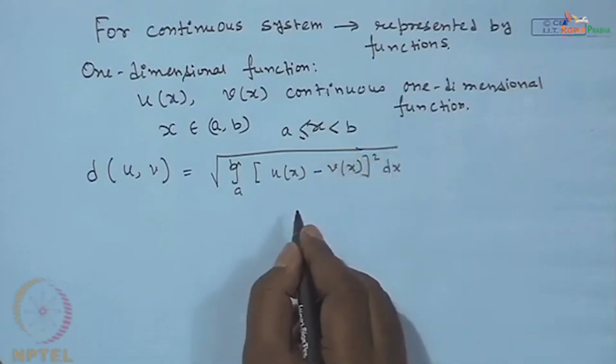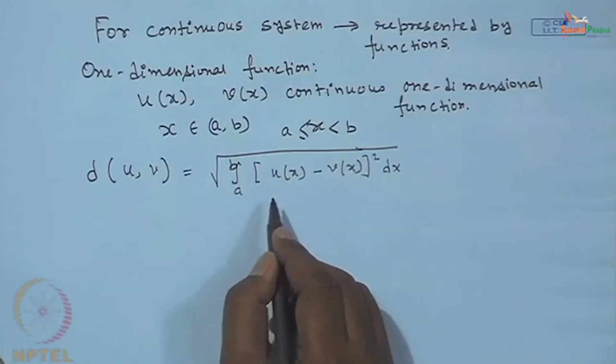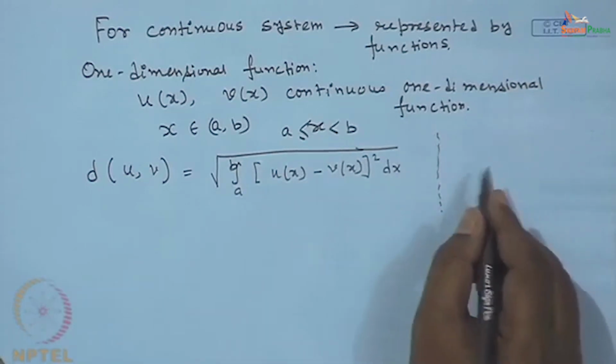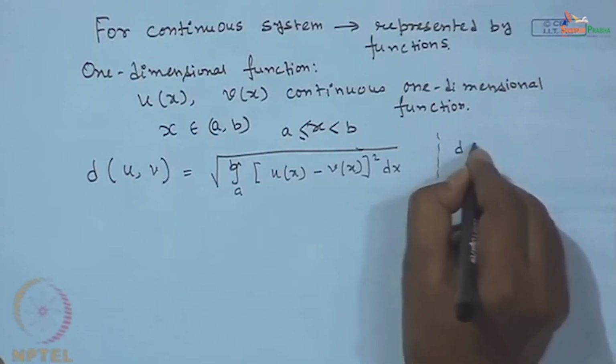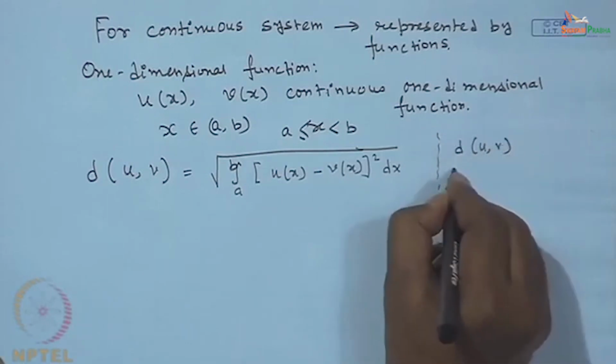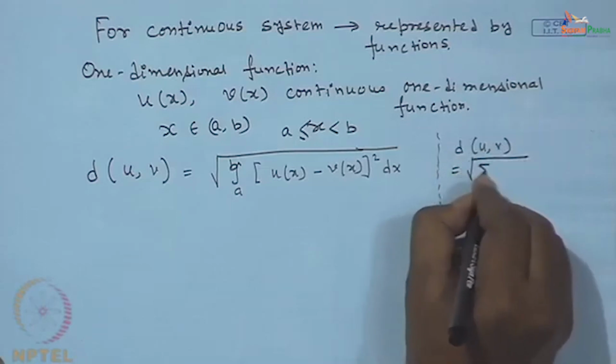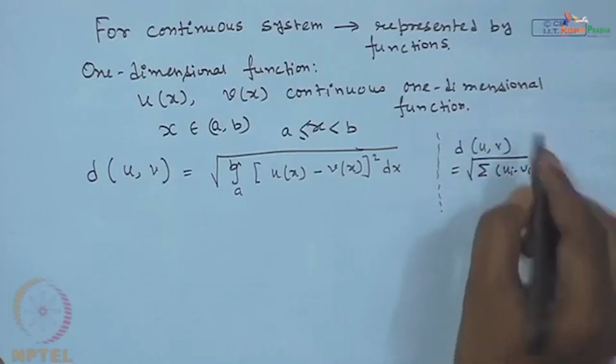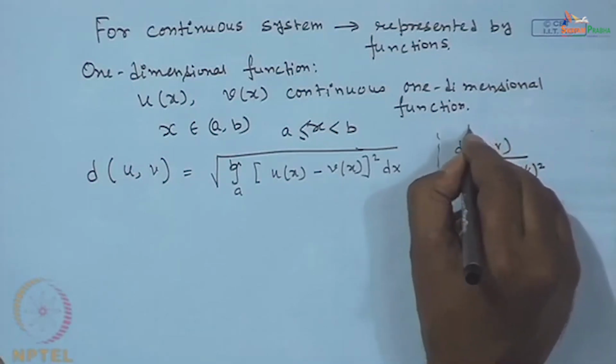If you remember the corresponding definition of metric for a discrete domain, for example vectors, then d of u and v is nothing but the square root of the summation of (u_i minus v_i) squared, if u and v are vectors.